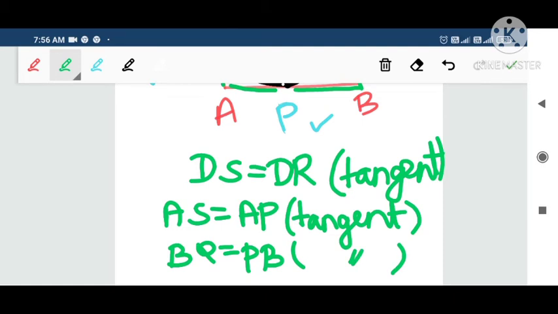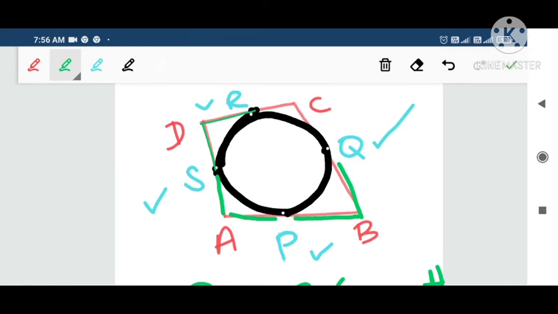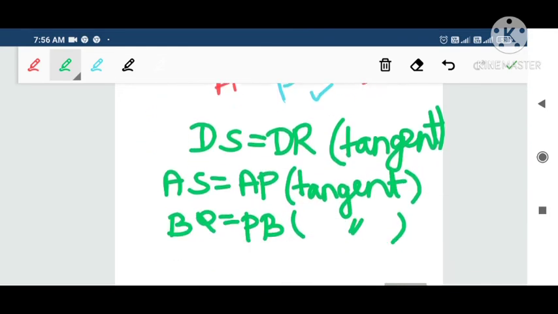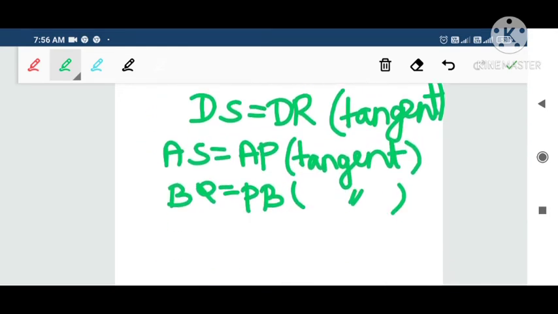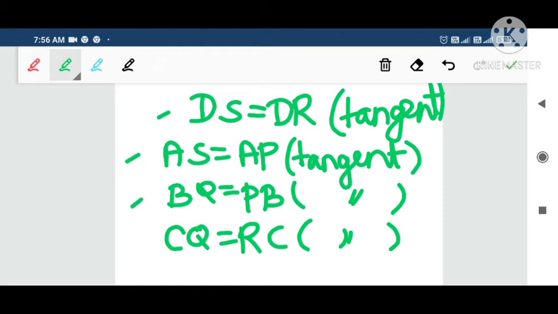Now the final tangents are RC and CQ. CQ is equal to RC, for the same reason, tangents. Now you can see how many tangent equalities there are: 1, 2, 3, 4. So 4.